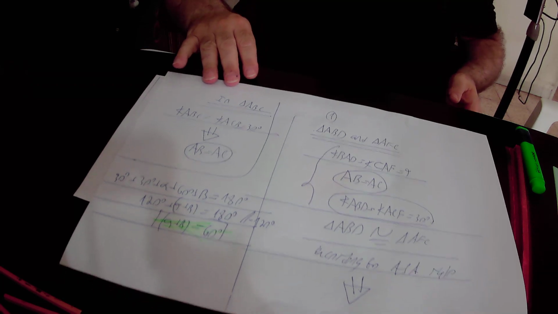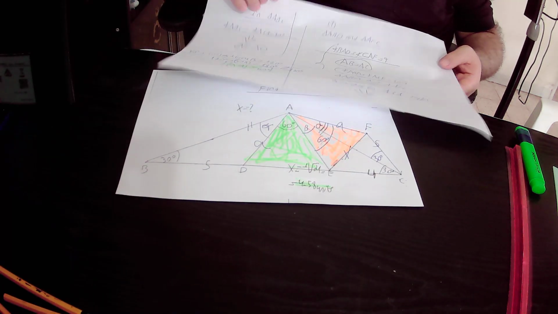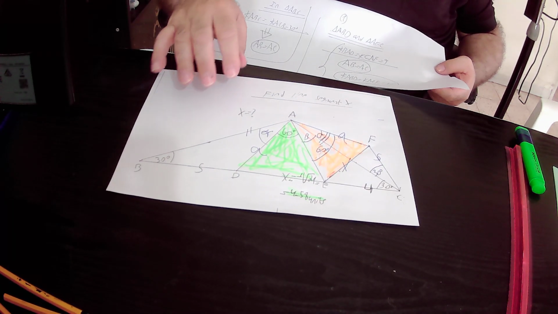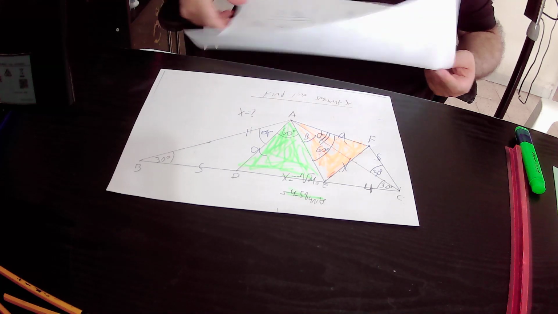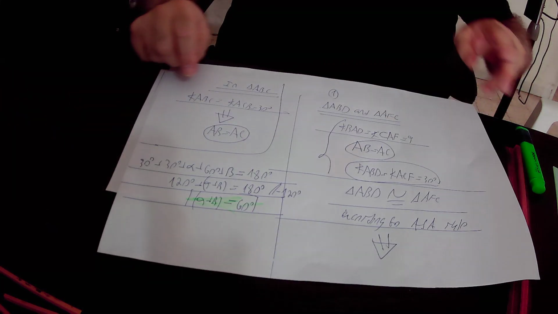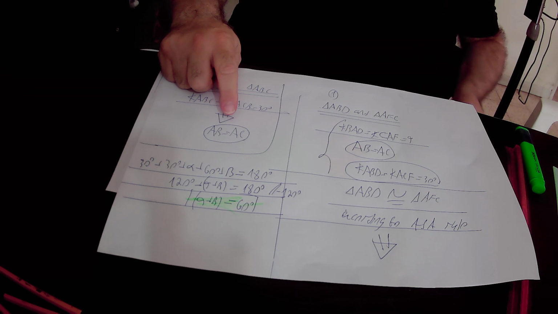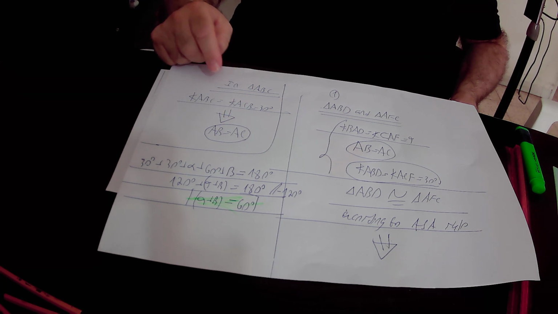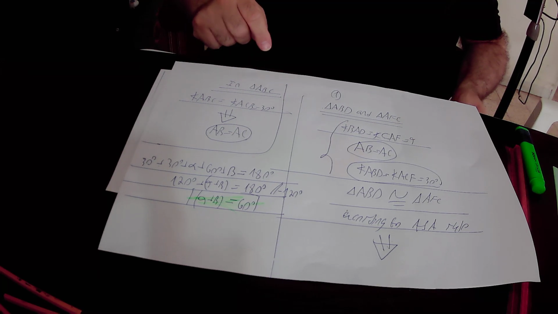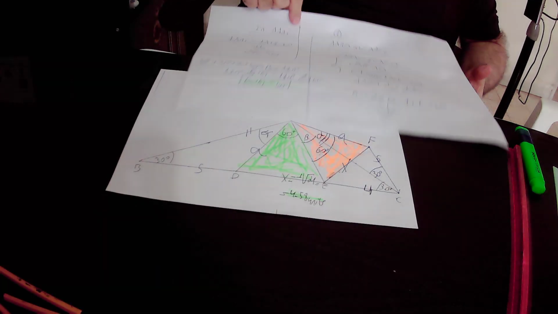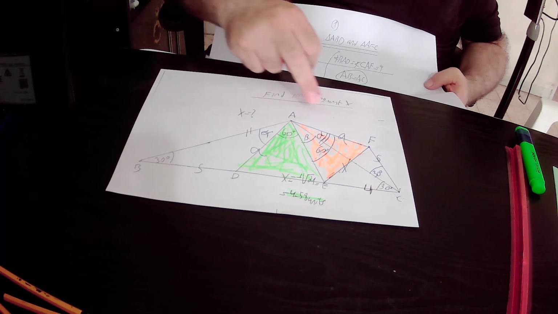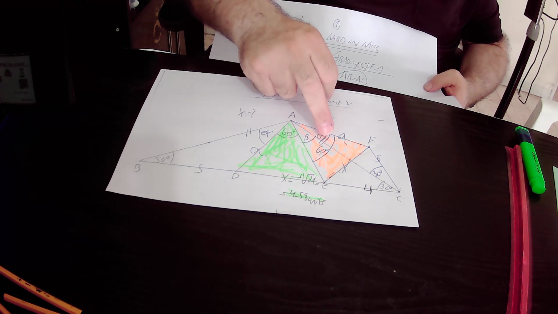And according to the rule that opposite equal angles in a triangle there are equal sides, we get that in triangle ABC, side AB equals side AC because those two sides are opposite the equal angles, angle ACB and angle ABC. So here, side AB equals side AC. Okay?